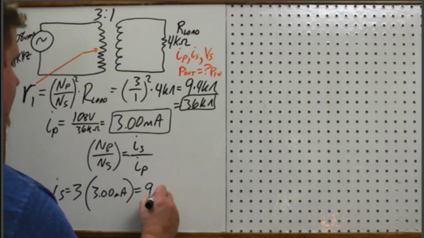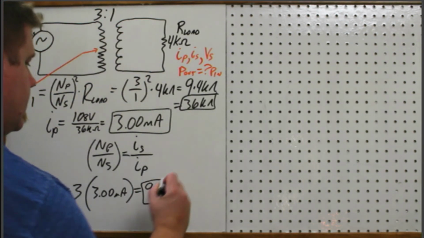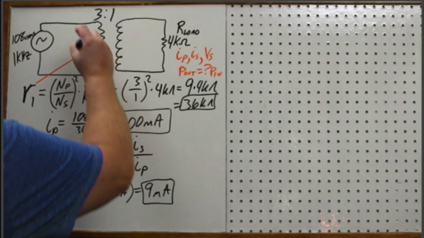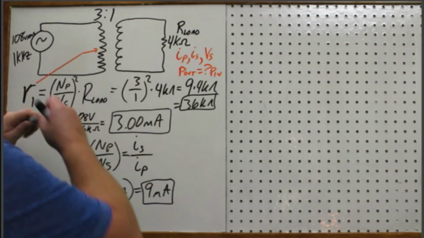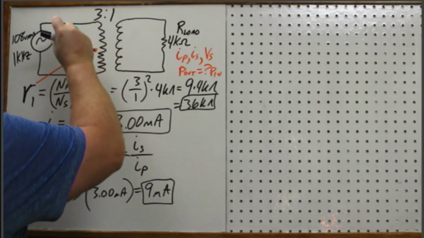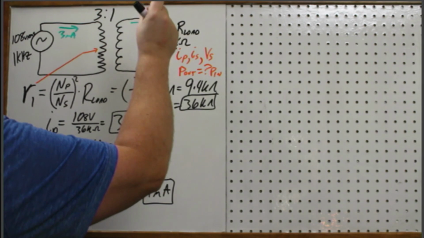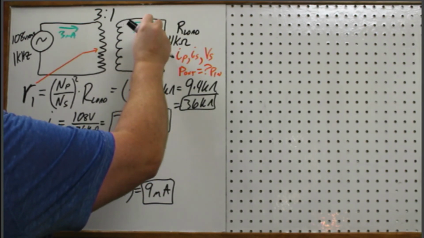So we should have 9 milliamps on the secondary here. Okay. All right, so let me go ahead and write this. Let's do this in green. So we've got I primary as 3 milliamps, and we've got I secondary as 9 milliamps.